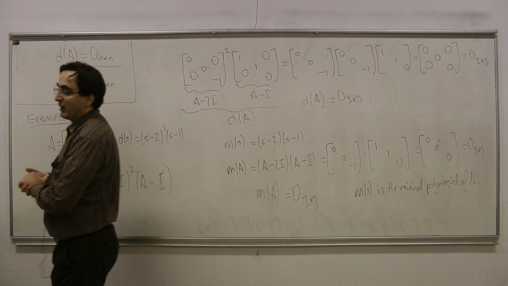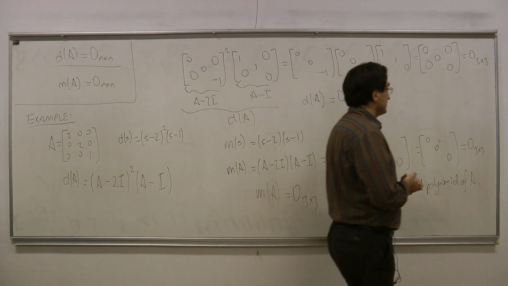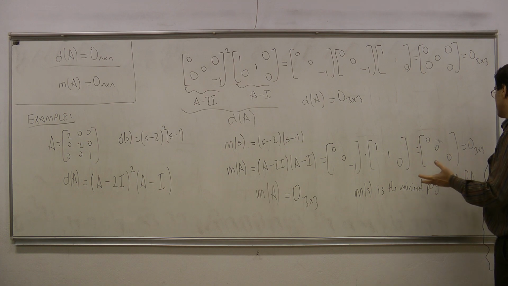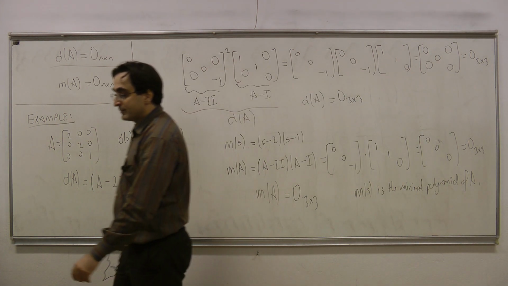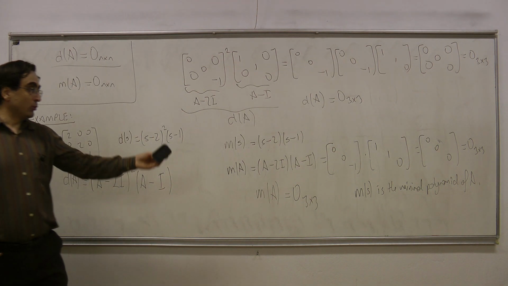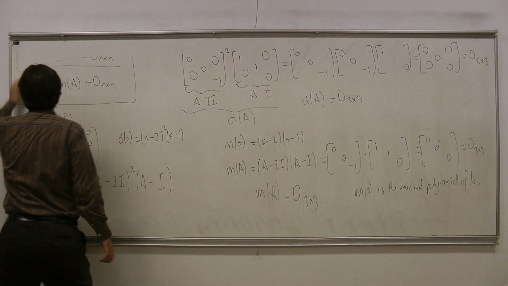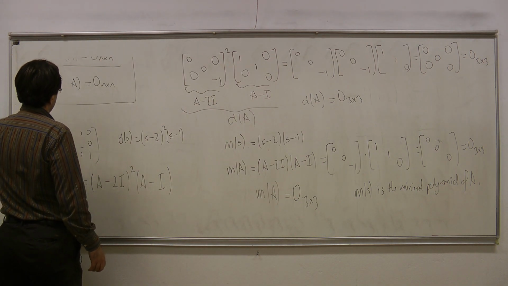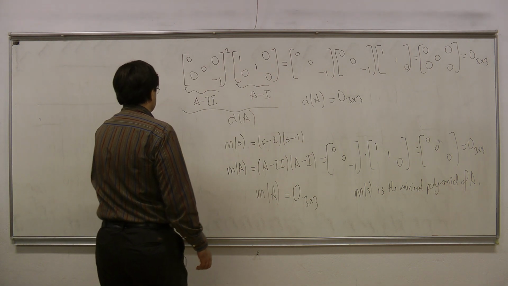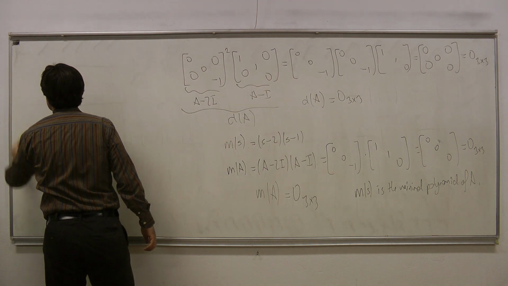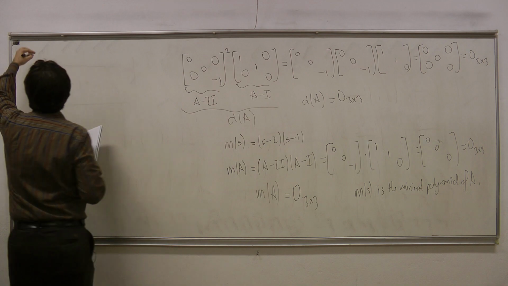Minimal polynomial is probably the second one, and there might be lots of other polynomials that might be interesting or important in the analysis of matrices. Okay, so this minimal polynomial is going to be our next topic. Let us write minimal polynomial.